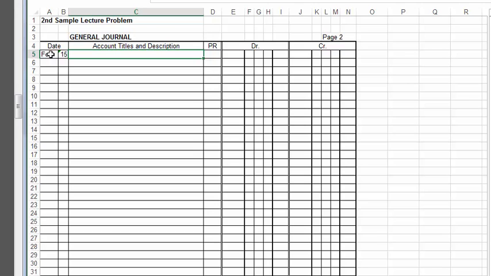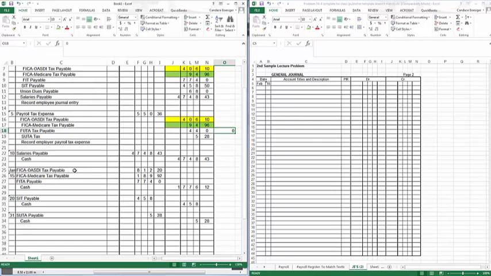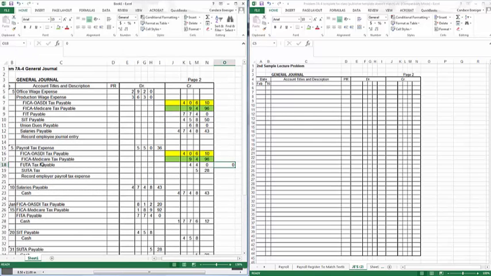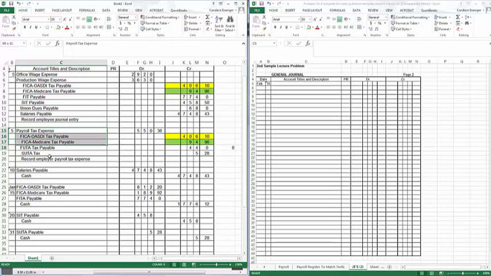So if I say, hey, I need to go pay my payroll taxes from the previous month, all I have to do is look over here and say, okay, I already know the balances in the account, so I'm just going to go ahead and pay them. So for example, I would use the same accounts that I just used in the previous problem. In fact, I am going to cheat and I'm just going to copy and paste these.